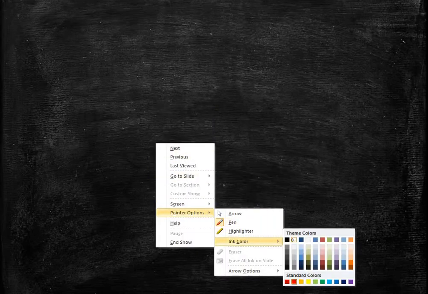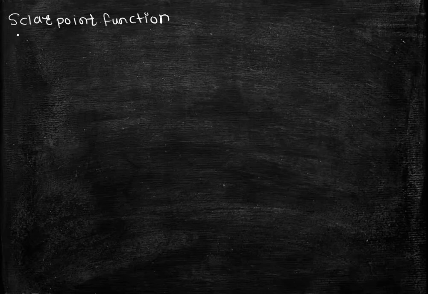So what is the scalar point function? If the scalar quantity phi depends for its value on its position, say x, y, z in space, then phi of x, y, z is called the scalar point function.